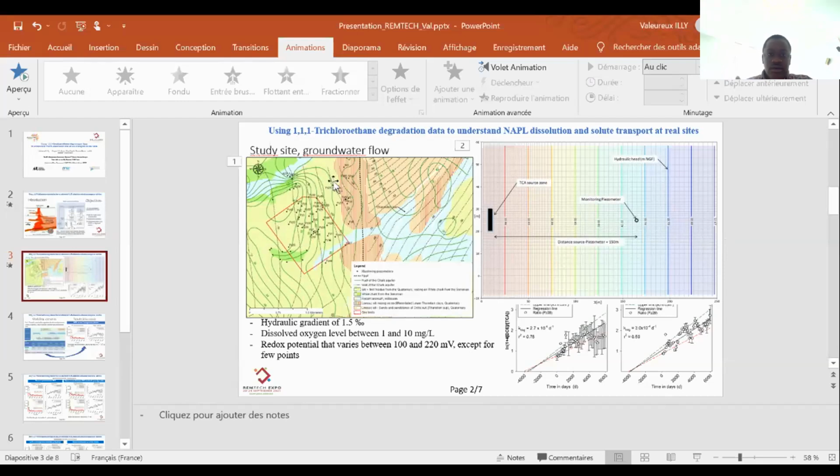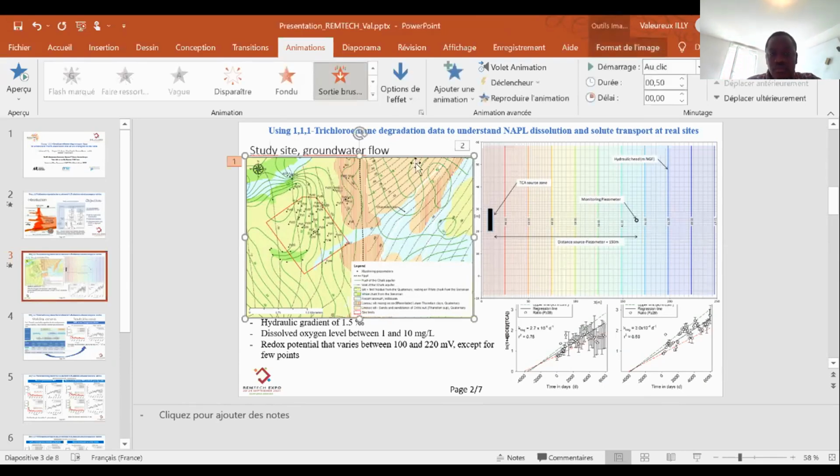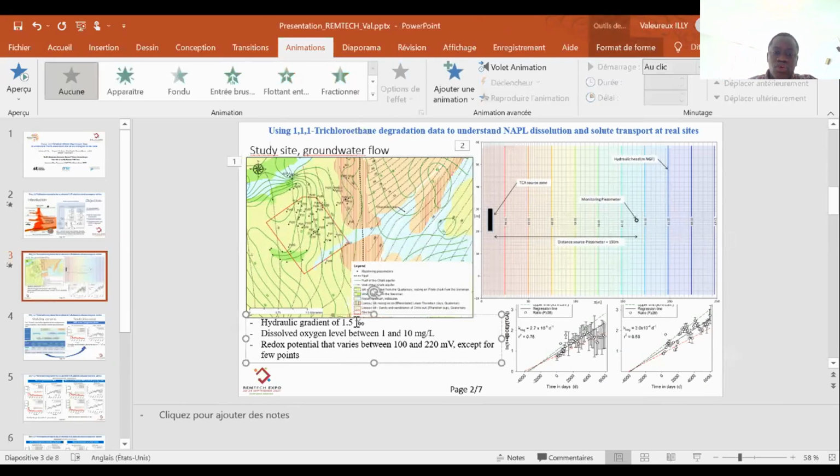First, I'm going to present to you the site. It's an industrial plant, in fact an automobile manufacturing plant, where they used this compound in the past for degreasing the metal parts.